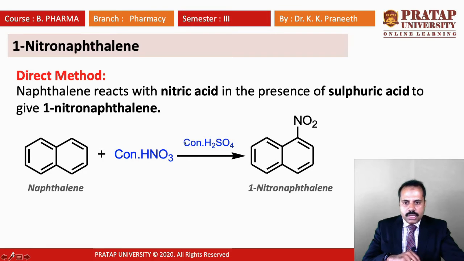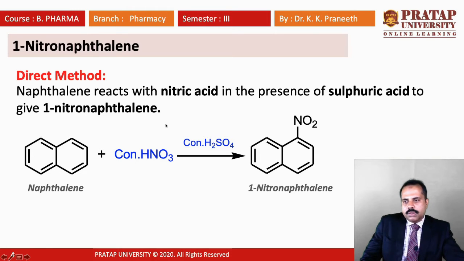We also need some drops of concentrated sulfuric acid as a catalyst, and we get 1-nitronaphthalene. So, this is how we can prepare 1-nitronaphthalene by taking naphthalene and the nitrating agent, nitric acid, in the presence of an acid, importantly sulfuric acid. We get this product, and this is the direct method.